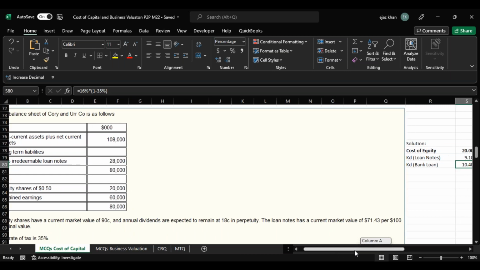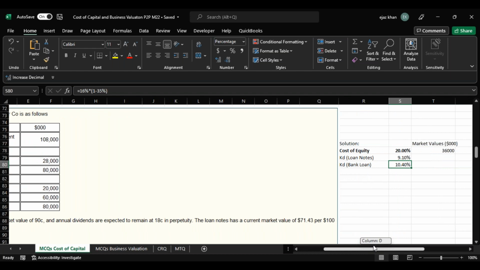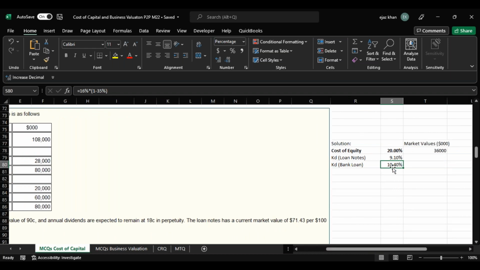There is no need to deduct dividend from the price, because that's only done when we have cum div price. In this case, they haven't mentioned whether it's ex div or cum div, so the usual assumption is that it is already ex div, so we don't need to subtract.